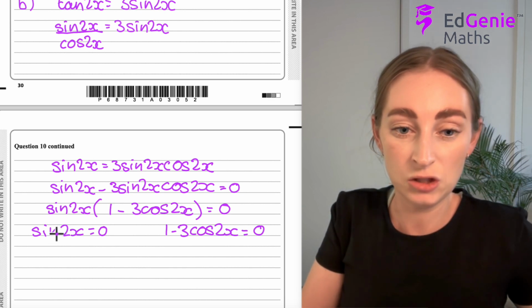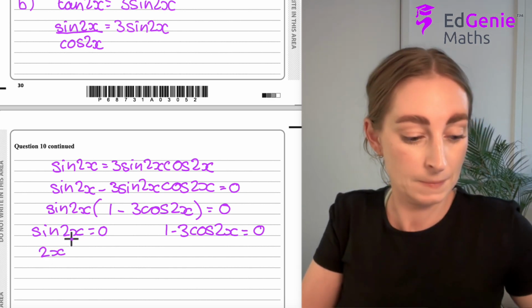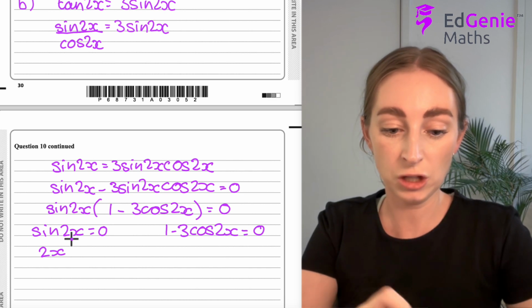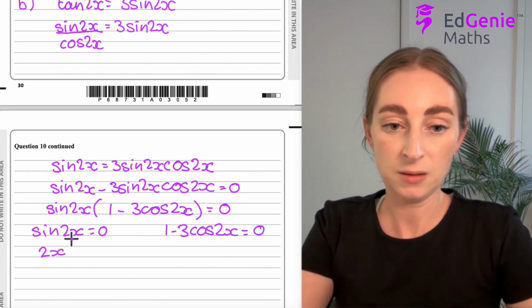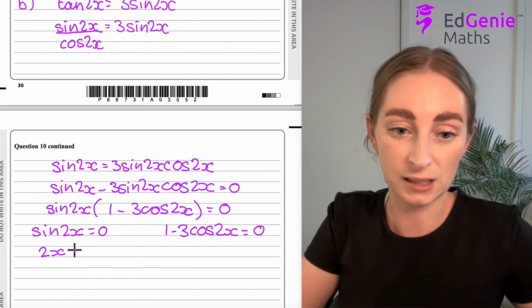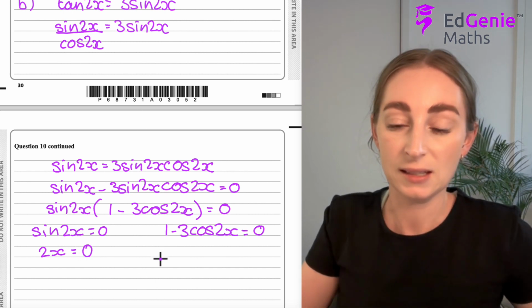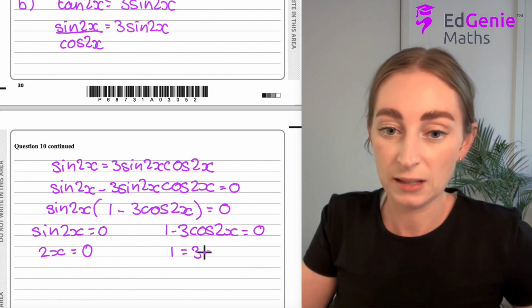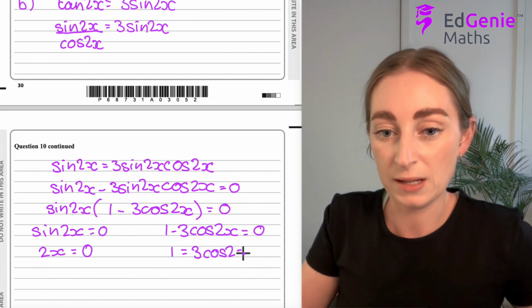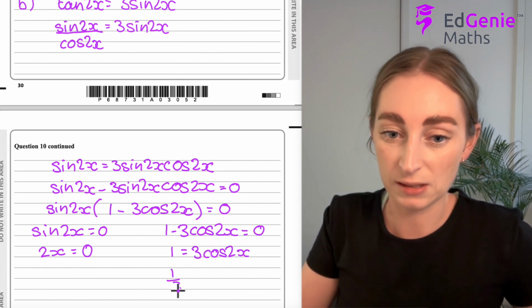So if I do sine to the minus 1 of 0, first of all, check your calculator says degrees on the top. Sine to the minus 1 of 0 is 0. So 2x equals 0. Over here, 1 equals 3 cos 2x. Then divide both sides by 3.